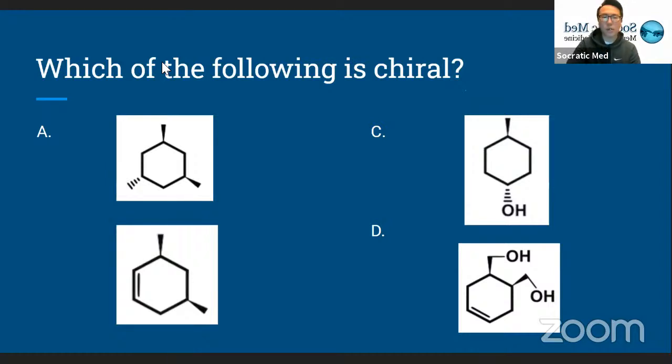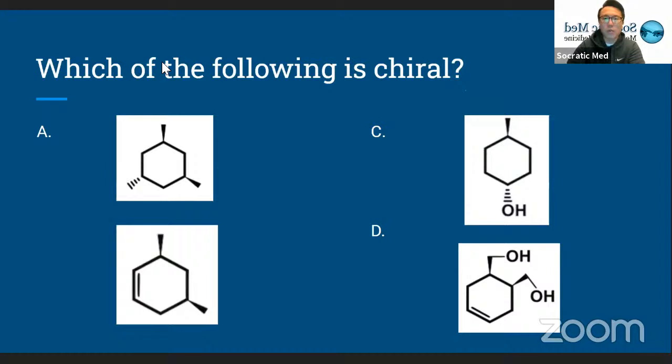So the correct answer is choice B. For choice A, you can see that there are 3 stereogenic centers. So the 3 carbons attached to the methyl groups are all possible stereogenic centers, but if you remember, I said a chiral molecule can't have a plane of symmetry.